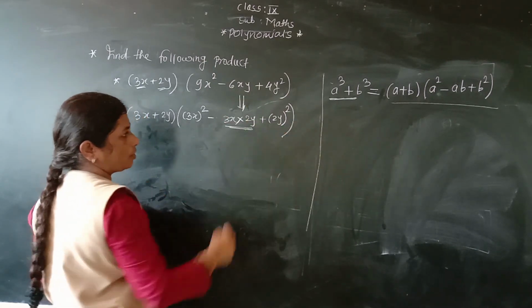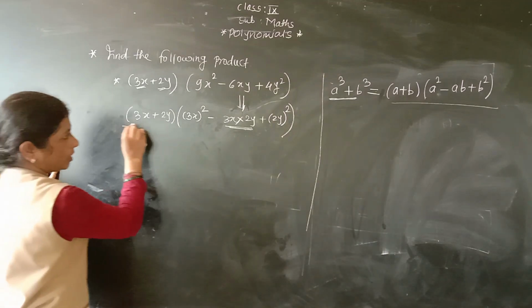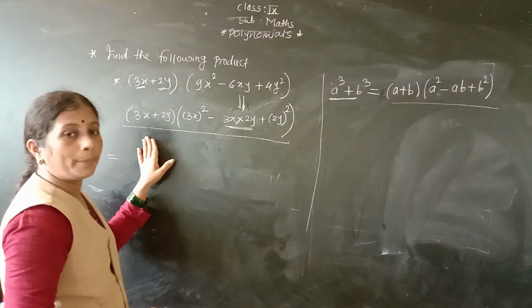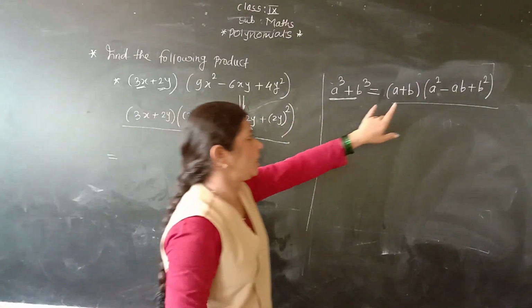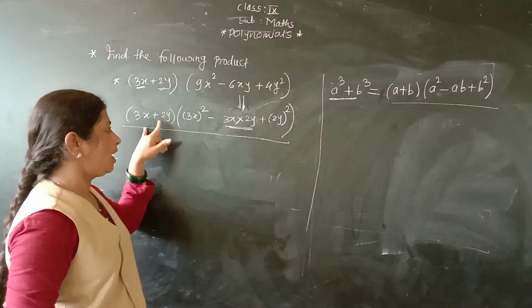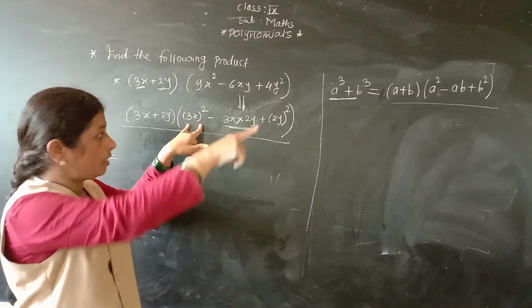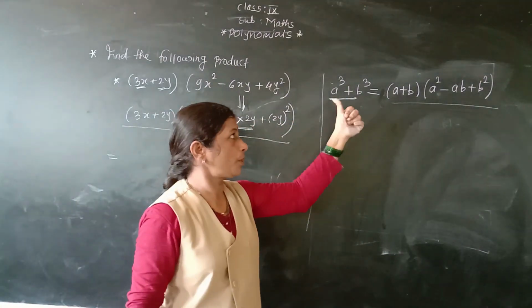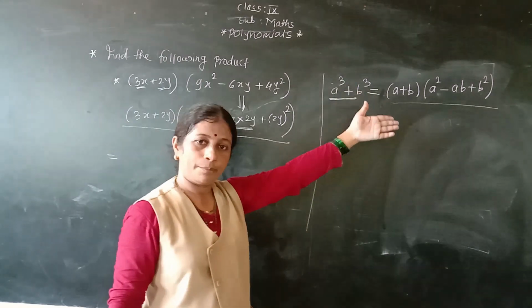AB plus B square. So this is the product of which identity? That is a cube plus b cube. Correct. So this form came a plus b, and the second bracket a square minus ab plus b square. So what is the product of this? A cube plus b cube. Understood?